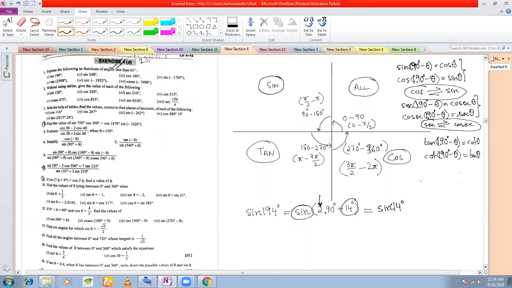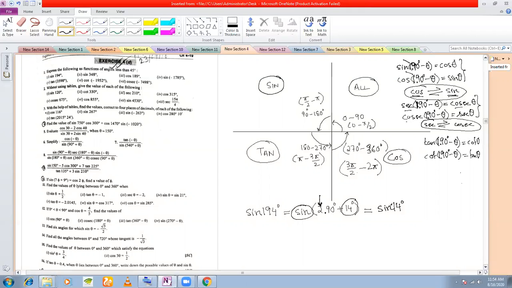1 into 90 degree. So in all these, what you observe is that when we have an odd multiple of 90 degree, 1 into 90 degree, what happens? Cos changes to sine and sine changes to cos. Similarly, for sec, if you have an odd multiple of 90 degree, sec changes to cosec.